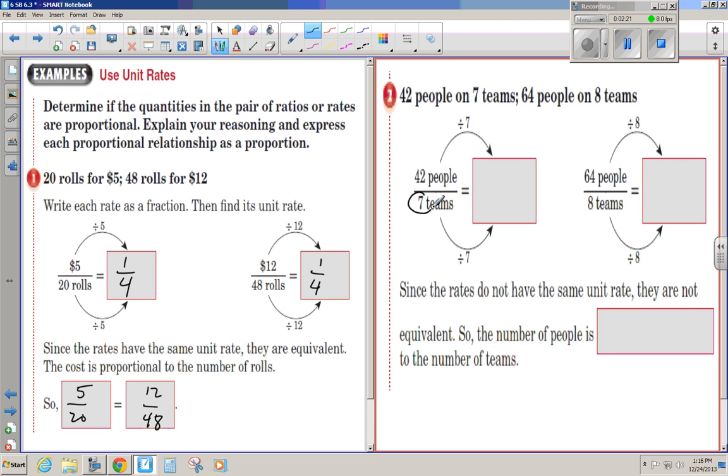So you divide by the denominator. So that becomes 6 over 1. Divide by the denominator becomes 8 over 1. Since the rates do not have the same unit rate, they are not equivalent. So the number of people is not proportional.